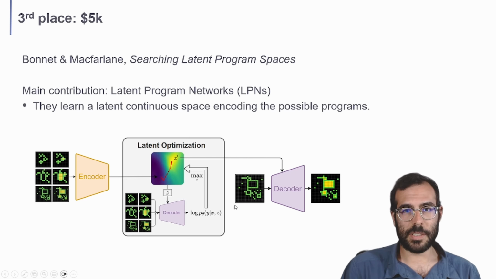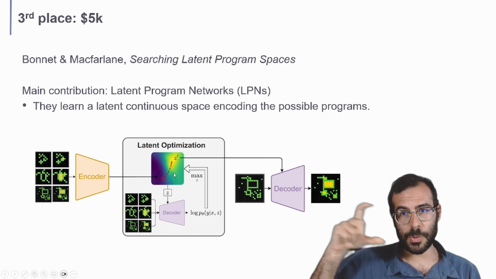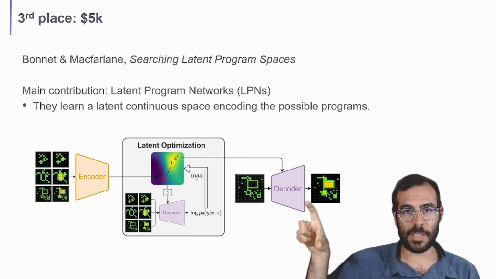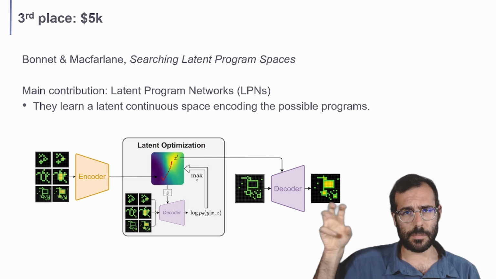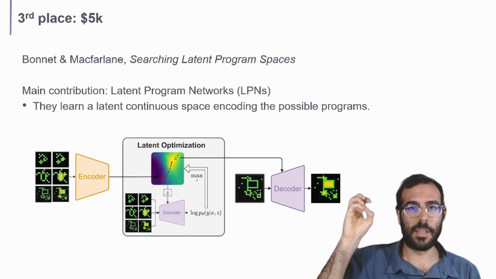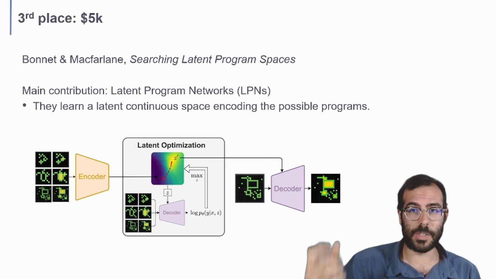And then once you've trained this a bunch, the encoder should give you a point in this space that, when decoded, corresponds to a program that encodes the transformation.